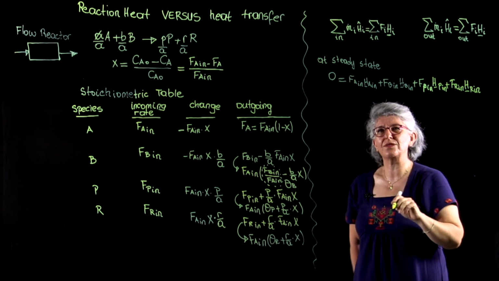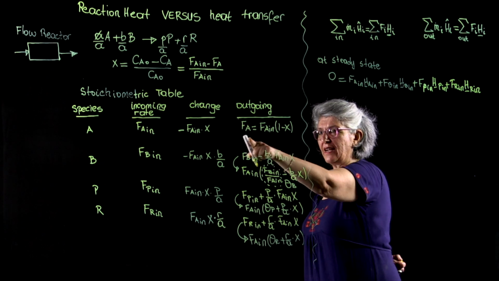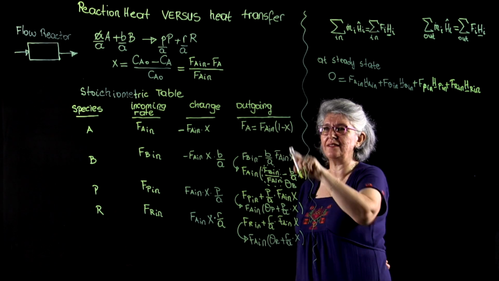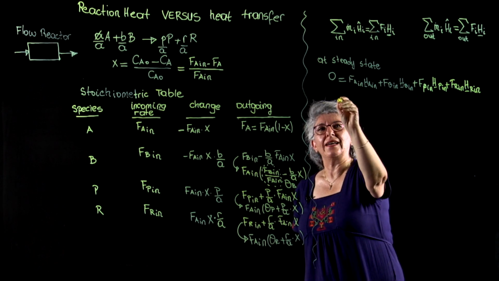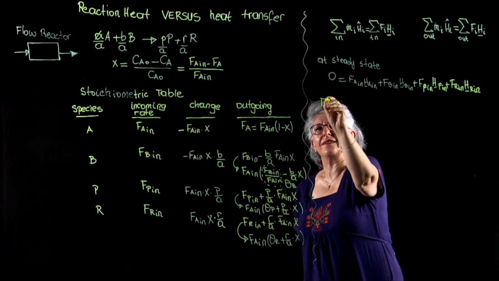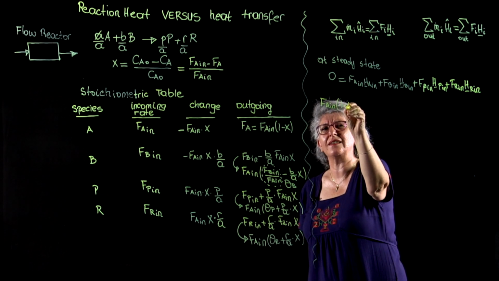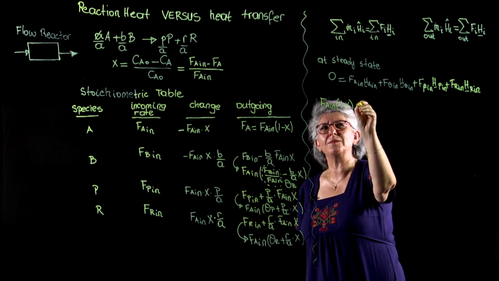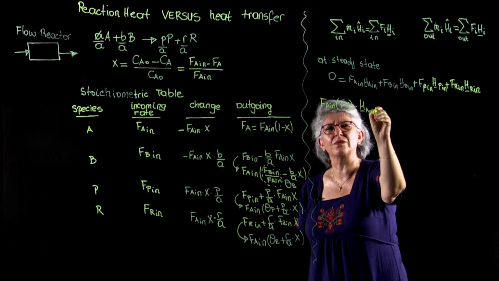For the outgoing stream, Fa out is Fa in times 1 minus x, times Ha out.